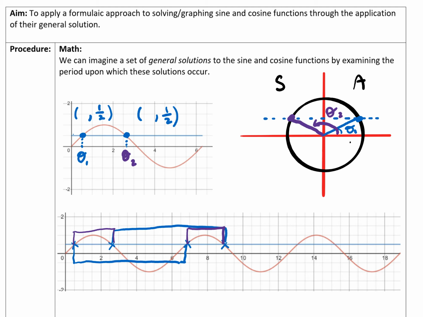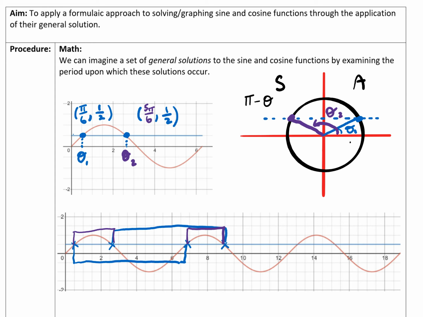And so we can imagine that our very first angle, if we use our table of values, the inverse sine of 1/2, or I could say the arc sine of 1/2, is going to be pi on 6. So that first value here is pi on 6. We know that the complementary angle occurs in the second quadrant, where we'll be saying pi minus that angle. So pi take away pi on 6 is 5 pi on 6.